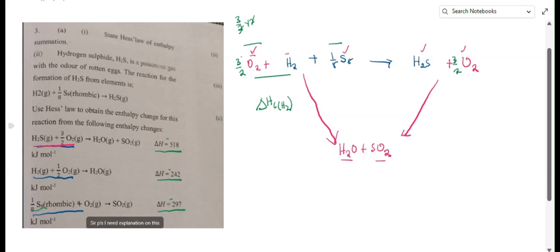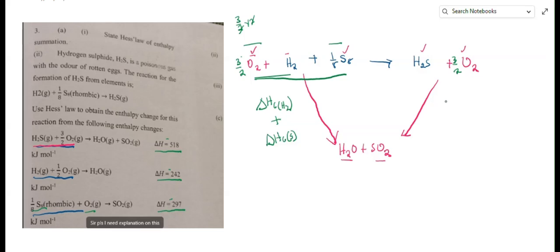They see sulfur and oxygen, so it means plus standard heat of combustion of sulfur. So these equations down here represent standard heat of combustion of hydrogen and that of sulfur. But the one at the other side here is standard heat of combustion of what? Of hydrogen sulfide.